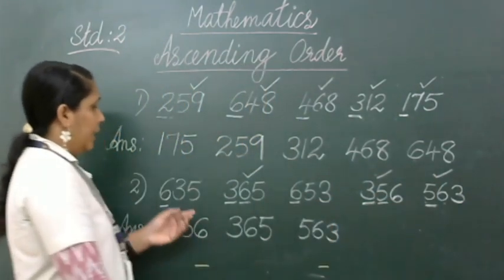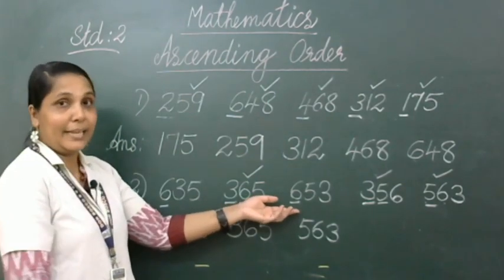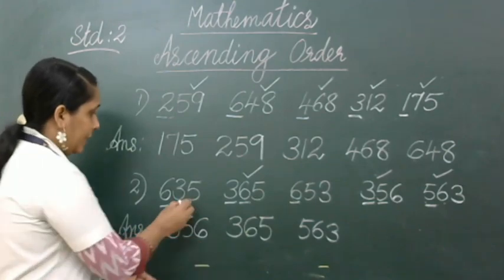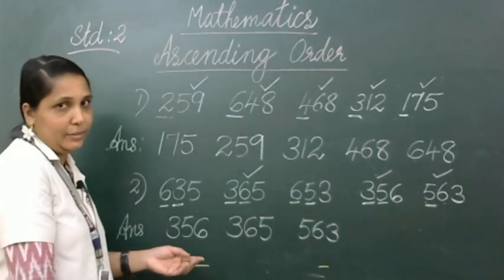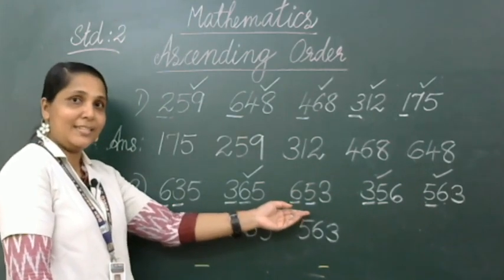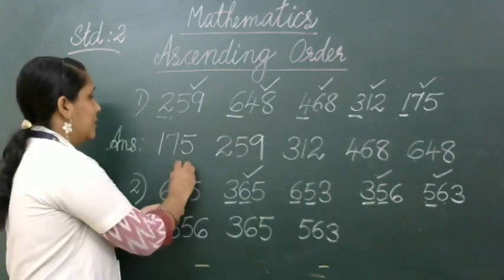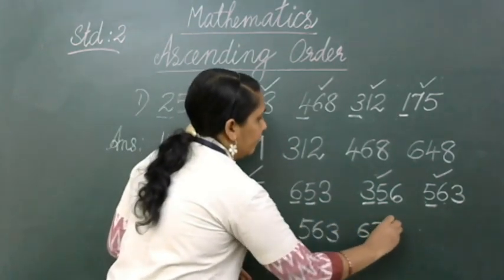Now here we are having 2 6s. So what will you do? Take the second digit. Here we are having 3 and here we are having 5. So which is the smallest one? 3 or 5? Yes, it is 3. So next number is 635.